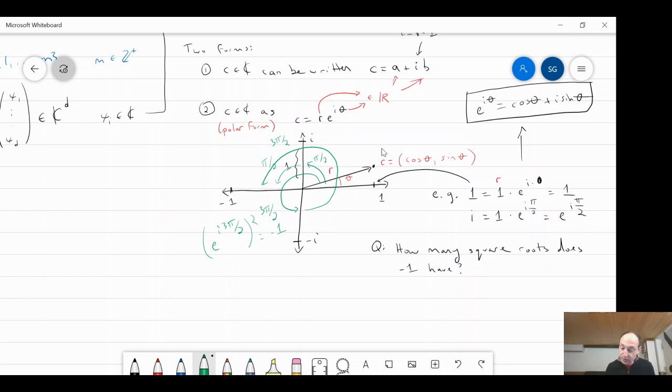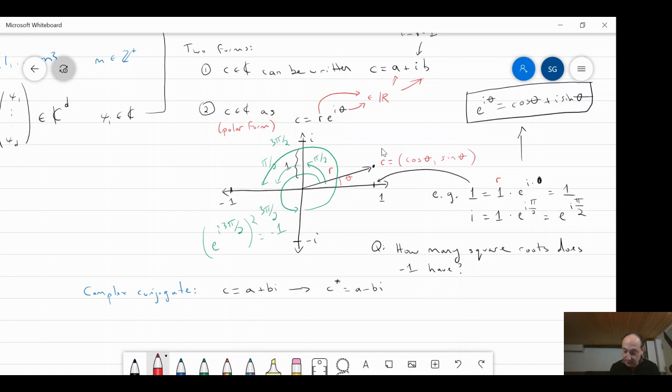In terms of complex numbers, the complex conjugate, maybe I'll do definitions in blue. The easiest way to define it is: if I have c equals a plus bi in the first representation, then the complex conjugate is defined as c star equals a minus bi.